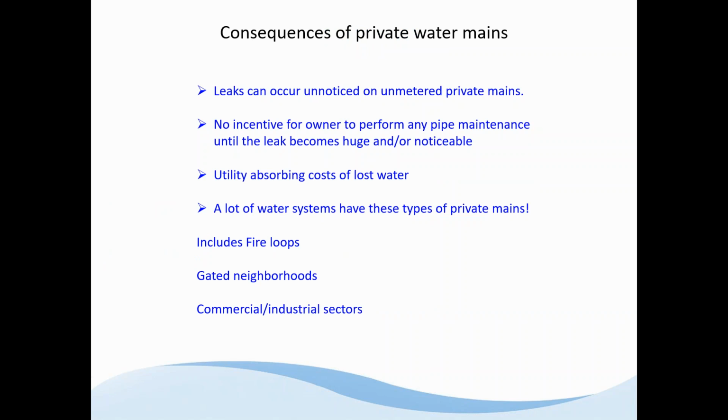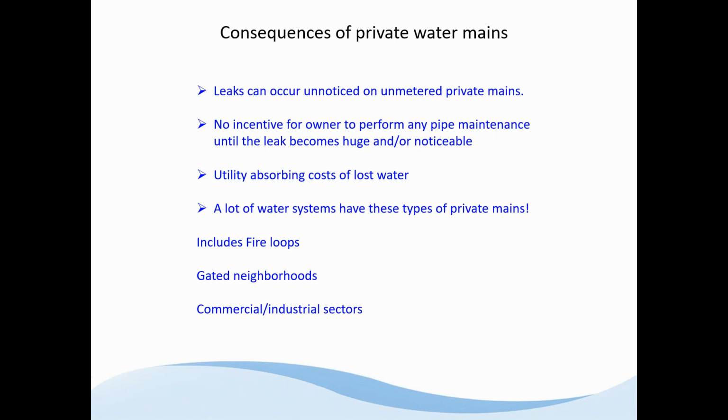The consequence of those private water mains that are unmetered and belong to the shopping mall or the college campus or the condo association is that leaks can occur and go unnoticed, and they're unmetered. There's no real incentive for an owner to perform any pipe maintenance until the leak becomes noticeable or huge because it breaks. The utility is absorbing the costs of that lost water.